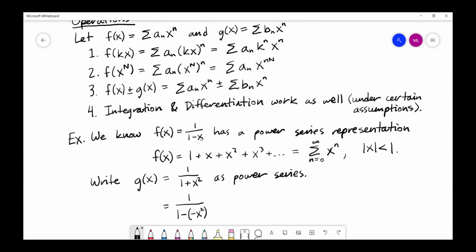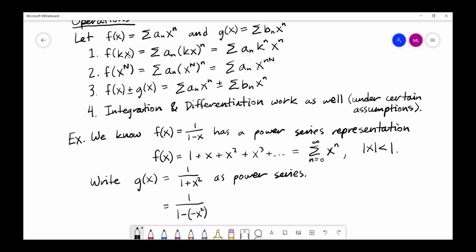Essentially, I've taken x and raised it to a power, exactly as we've done here, so this property will apply. I'll be able to go into our power series here and replace everywhere that x showed up with x to the n, in this case x squared. Similarly, the negative sign here is just multiplying by a constant, and the same thing is true.